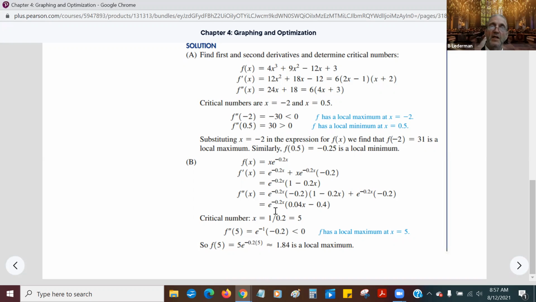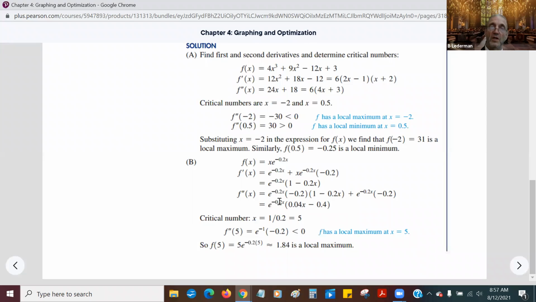Finally, we get e to the -0.2x times (0.04x minus 0.4). So the critical number is going to be 1 divided by 0.2, because that is going to make this 0. And of course, 1 divided by 0.2 equals 5. So the critical number is 5.